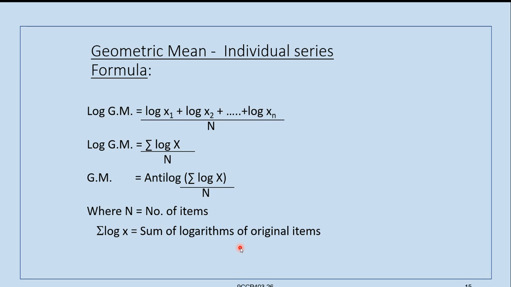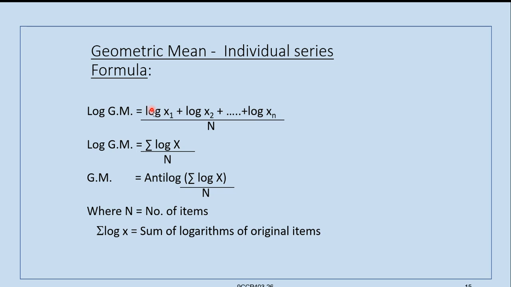Now second, log geometric mean is equal to sigma log x by n. That means we have to add all the log values of the given numbers. Then we have to find the antilog of sigma log x by n.